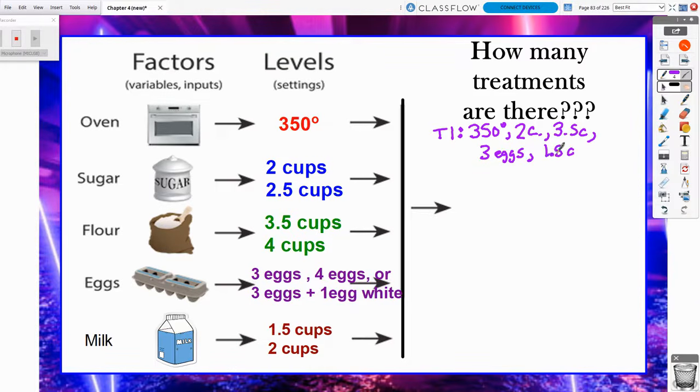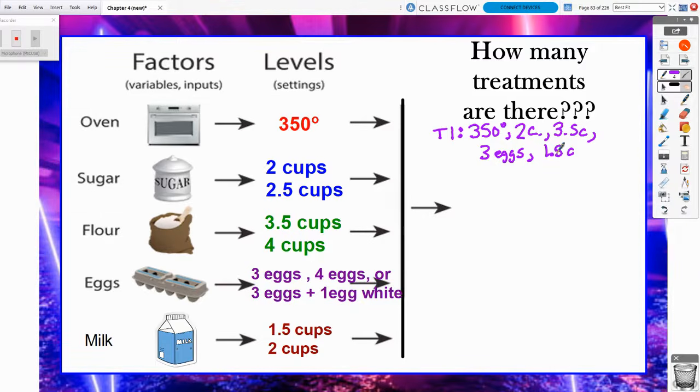And we bake all that at 350, and then we see how it came out in the end. And there are different response variables that we could really measure for how good that cake is. But this could be one of our treatments.